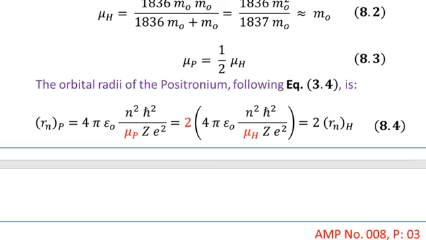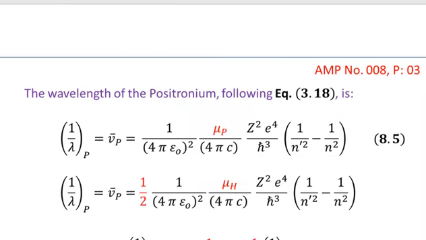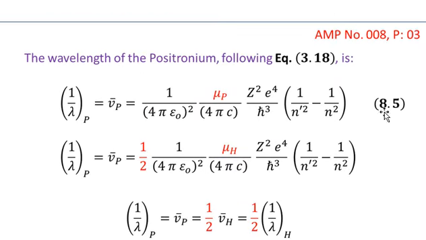Okay, next we want to calculate the wavelengths in the positronium when the transition is made from a state n to the state n prime. The wavelength of the positronium, following equation 3.18, that is equation number 18 from slide number 3, can be written as follows. In addition, I have used P as a subscript to stand for the calculation being done for the positronium.